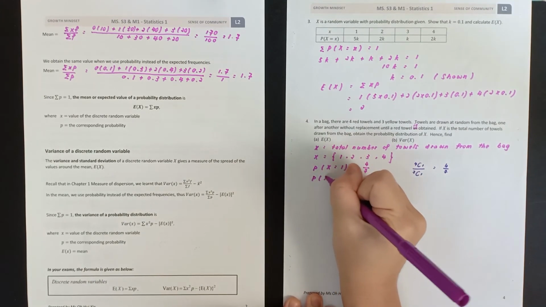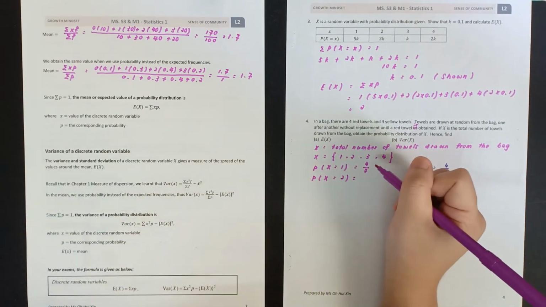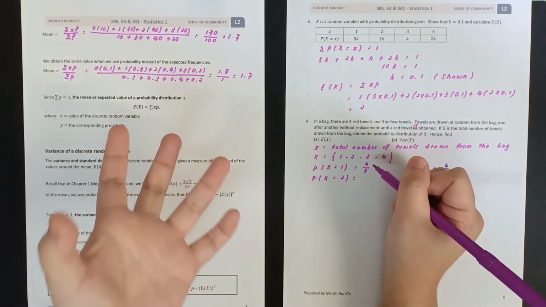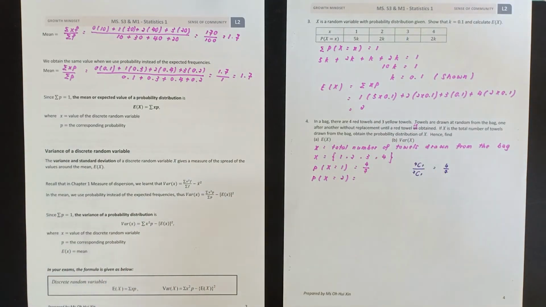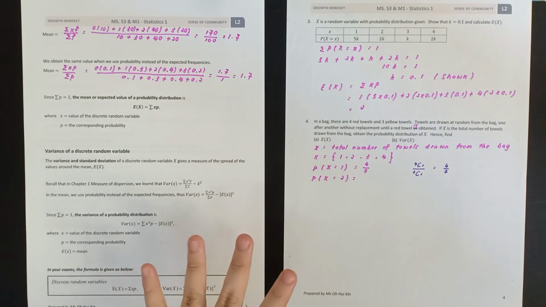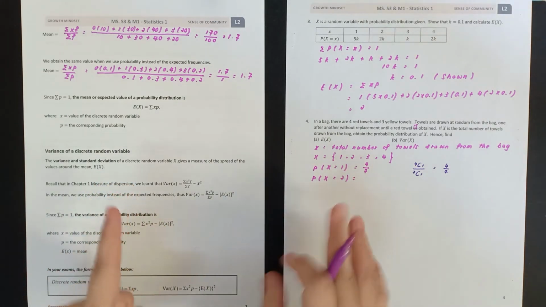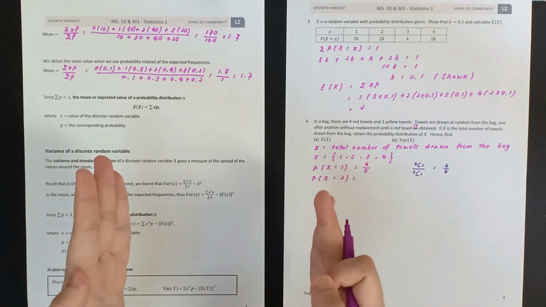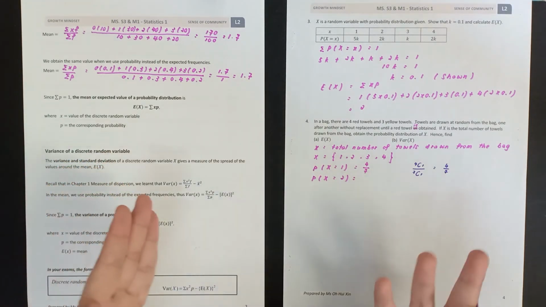So for me to get x equals to 2, what does that mean? Meaning the first time you are going to get a yellow tower, so that's why you are continuing. For this case, you are going to have only the probability that the first time you get a yellow, the second one you get a red. It cannot be like you get a red, then after that yellow, because if you get a red at first, then you are not going to continue anymore.